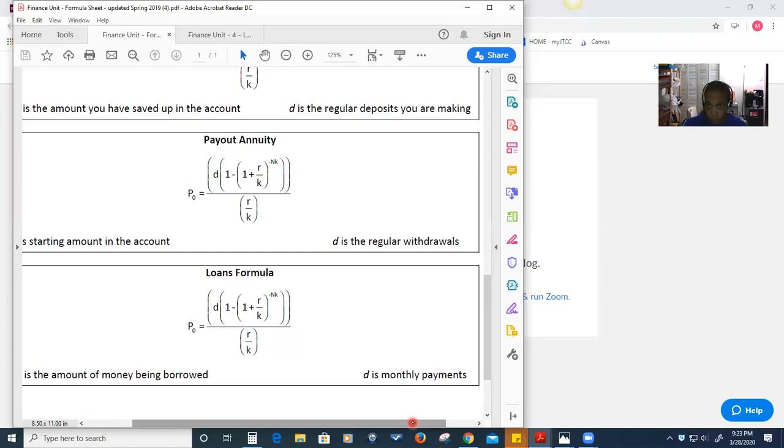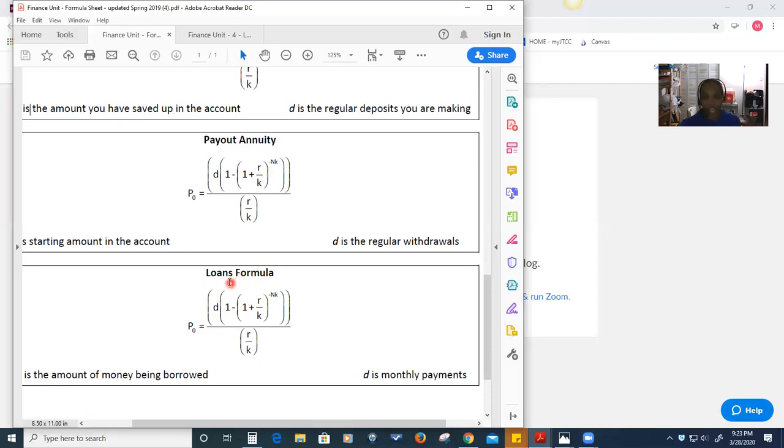Now, the nice thing about the loans formula is it is the easiest formula to figure out when to use, okay? If the problem involves you borrowing money, use the loans formula. Okay, there's no guessing around there. If you're buying a car and you are borrowing money and you're paying back the money, that's the loans formula. If you're buying a house and you're borrowing money and we're doing calculations about paying back the money, that's the loans formula.